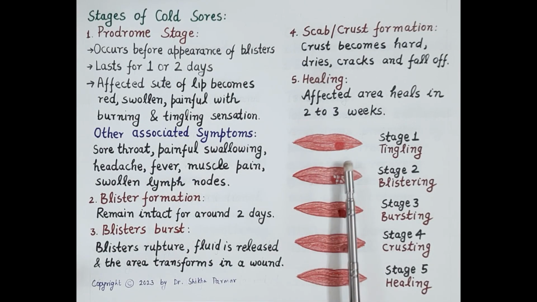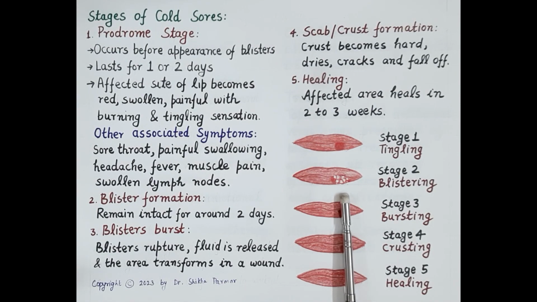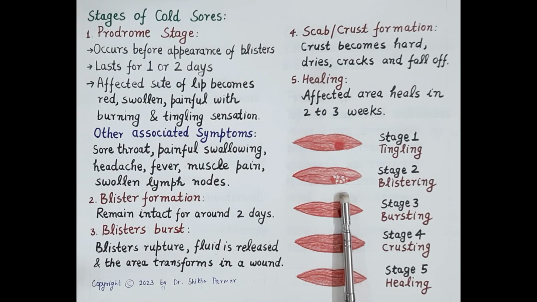Now after 1 to 2 days, blisters appear on the affected site and these blisters remain intact for around 2 days, and after that they burst, break or rupture and the fluid is released. These ruptured blisters with fluid oozing out of them are also known as weeping blisters.